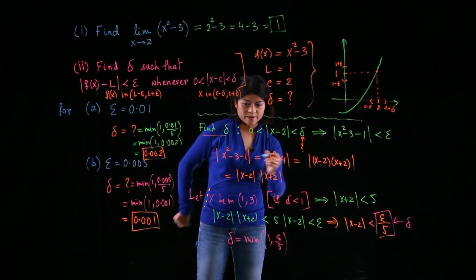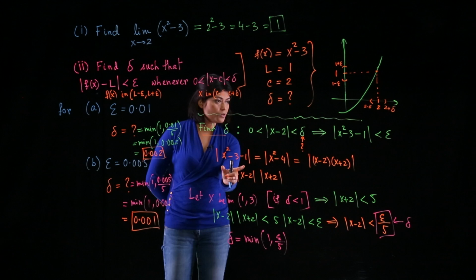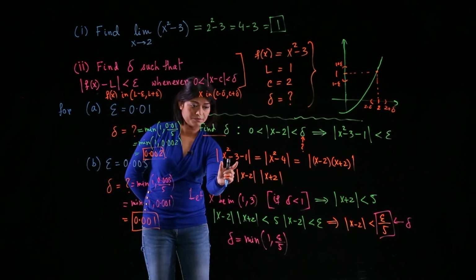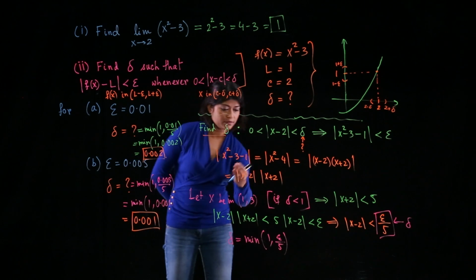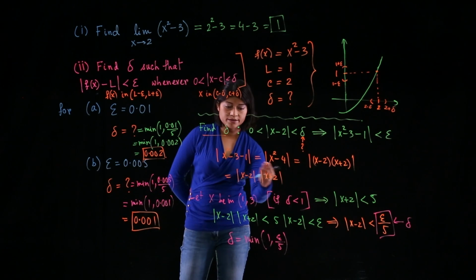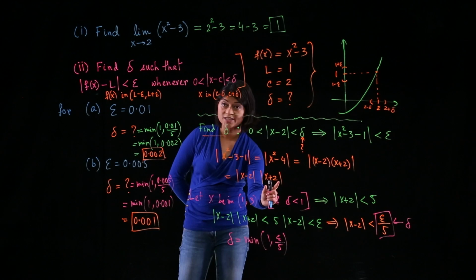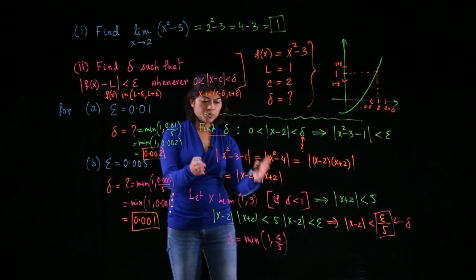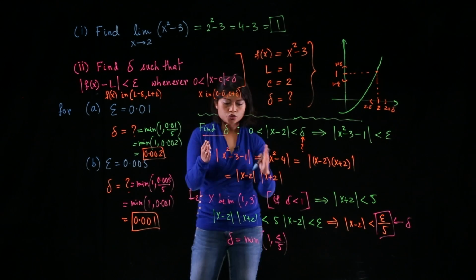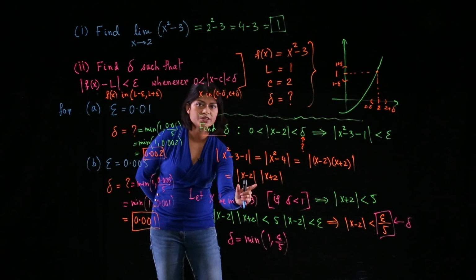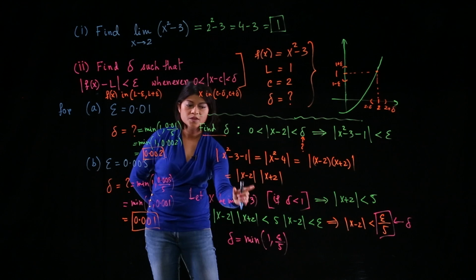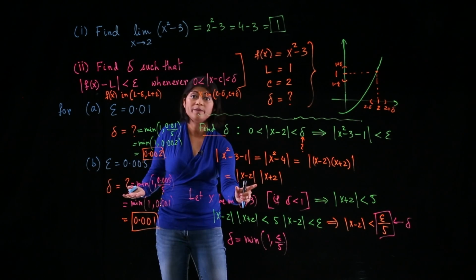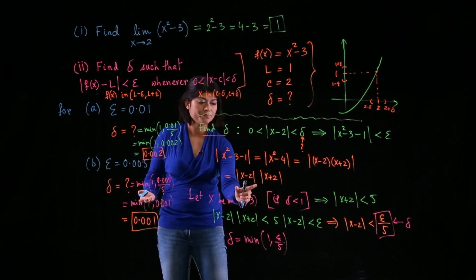So let me explain one more time here. You remember we started with the expression f(x) minus L. This is the function and this is the L. And we simplified it and we got x minus 2 and x plus 2. Now, usually we always want to find the expression x minus c from f(x) minus L. If the limit exists, you will be able to find this expression, okay?